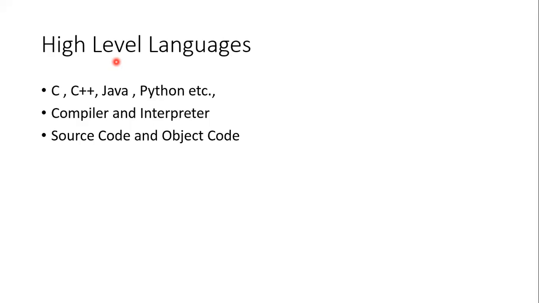So that is very difficult to understand as well as debug. In order to overcome this problem, we use the high level languages. So the main advantage of high level language is that it is machine independent. That means you can use the same language in different machines.